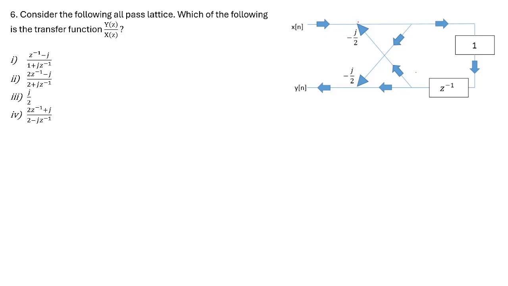So let us denote these nodes here and here to capture the intermediate sequence.